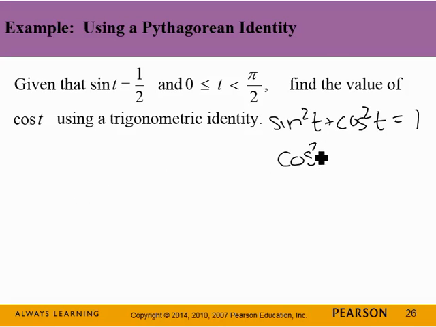So if I solve for cosine squared t, I have cosine squared t equals 1 minus sine squared t. Now we're just going to plug in values.